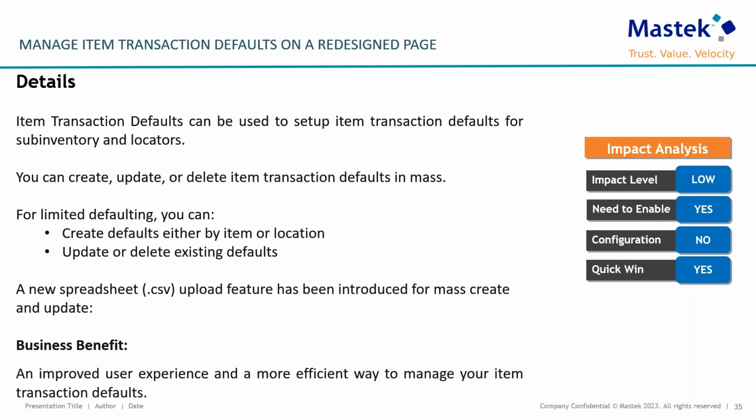With this feature, a new spreadsheet CSV upload has been introduced to mass create and update. Previously we could default the item transactions for a single item. Now we can create them for multiple items. The business benefit is an improved user experience and a more efficient way to manage the item transaction defaults.